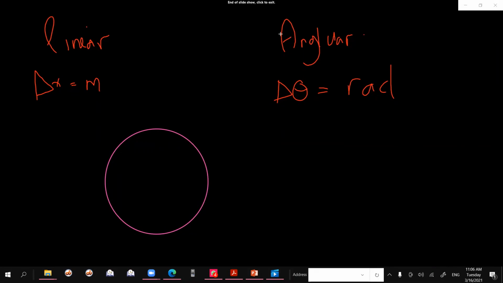What's the difference between them? The linear velocity tells you how the object is moving forward or backward. The angular velocity tells you the measure of how the object is rotating or spinning around the axis.